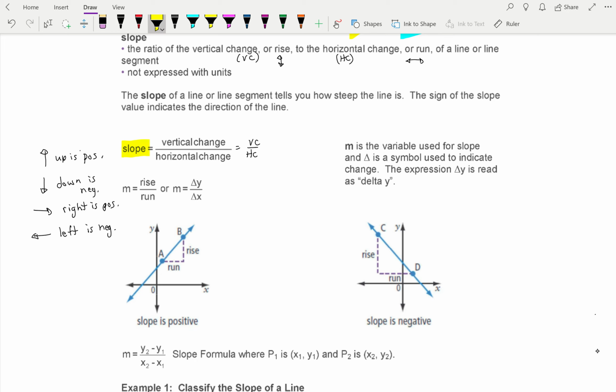The variable that we use for slope is m, and this triangle symbol here is used to indicate change. So when you see the expression triangle y, it is read as delta y, and that just simply means the change in y.